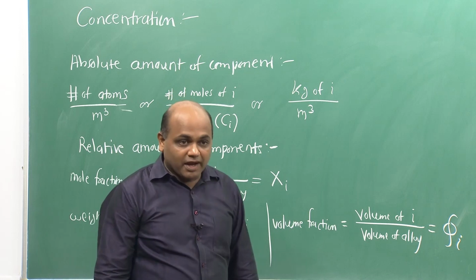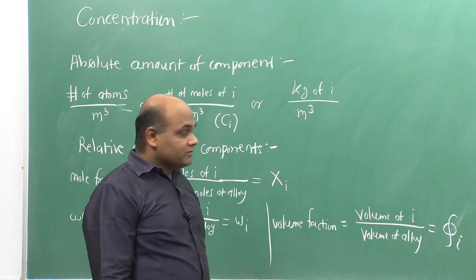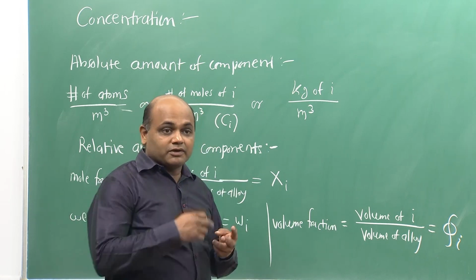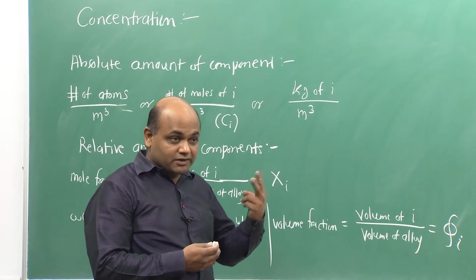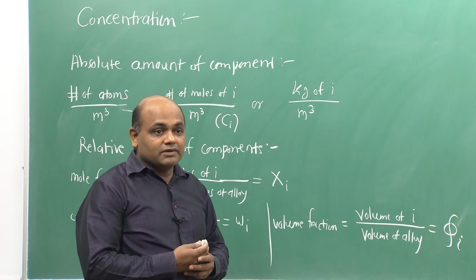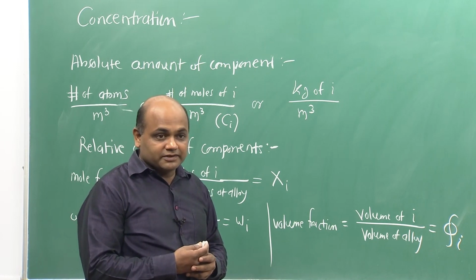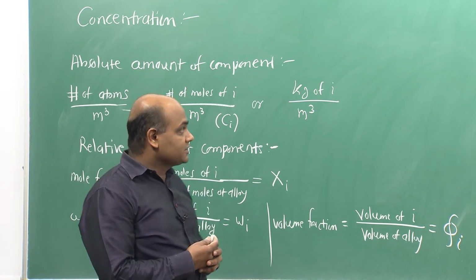So, if we consider binary alloy, we need to specify only one mole fraction, because the second one is fixed. In ternary, we need to specify 2 mole fractions, the third one will be fixed or dependent. Okay. So, that is an advantage.